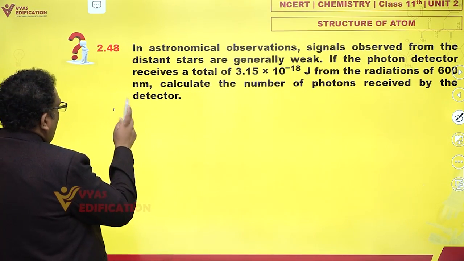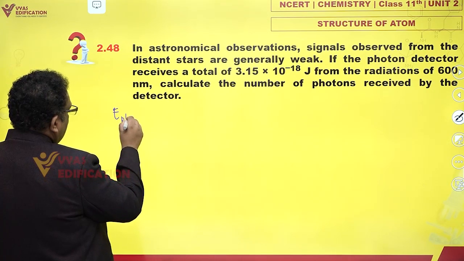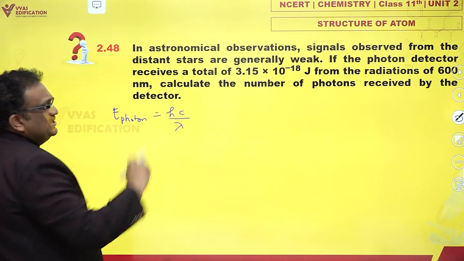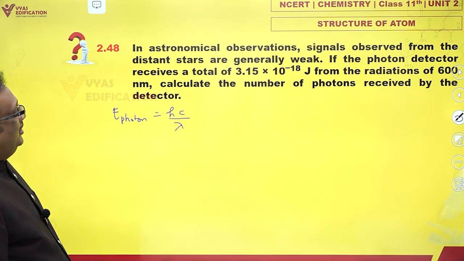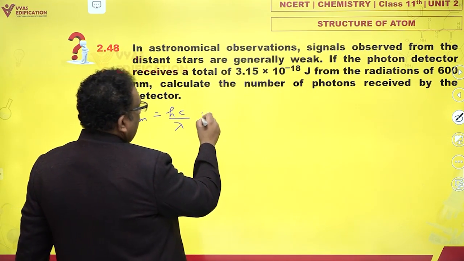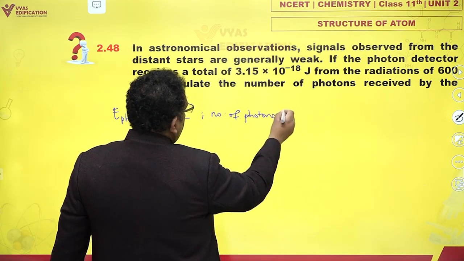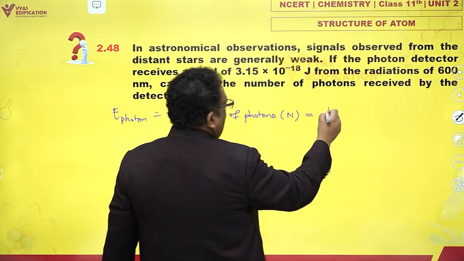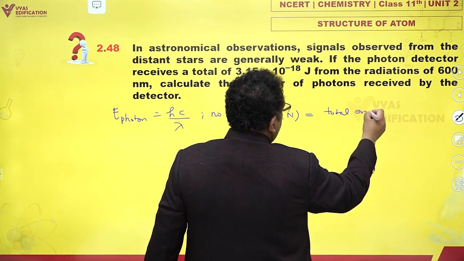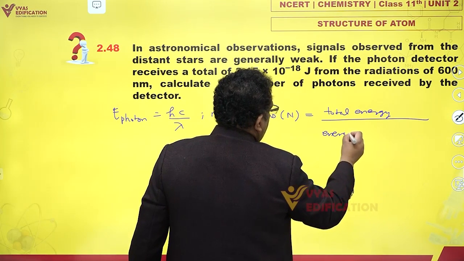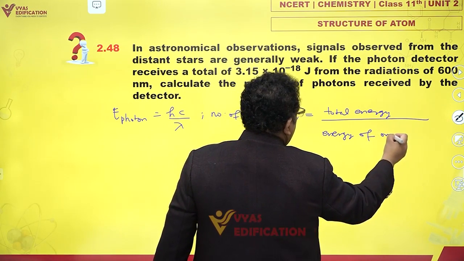That means energy of every photon is hc by lambda, and lambda is 600 nanometer. And number of photons N is total energy divided by energy of one photon.